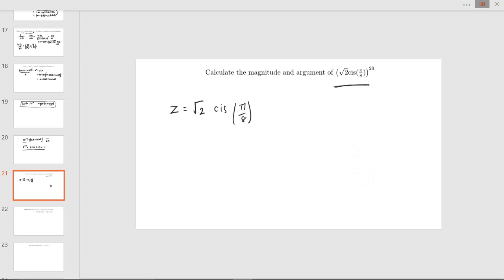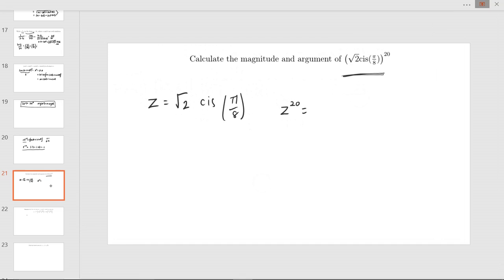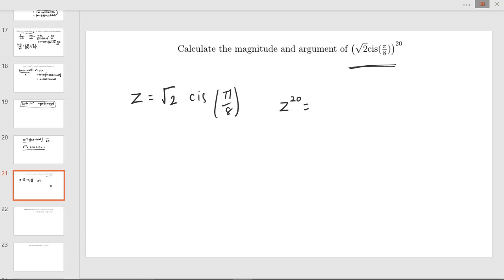So we want to find z to the 20. So the magnitude of z to the 20 will be the magnitude of z, which is square root 2, to the 20th power. And then our argument will be our argument of z, which is pi over 8, times 20.